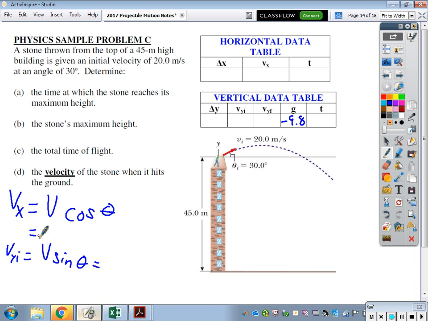We know the initial velocity itself is 20 meters per second, so 20 times the cosine of 30 degrees. And this would be 20 times the sine of 30 degrees. I know that becomes a little easier when we know our unit circle, but even if we don't know our unit circle, that's still okay.